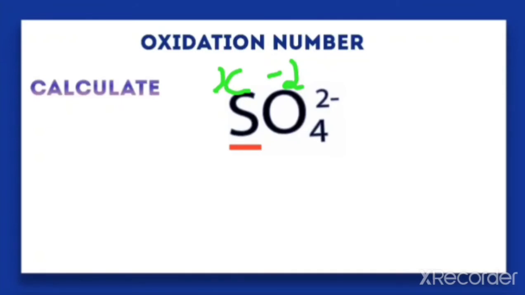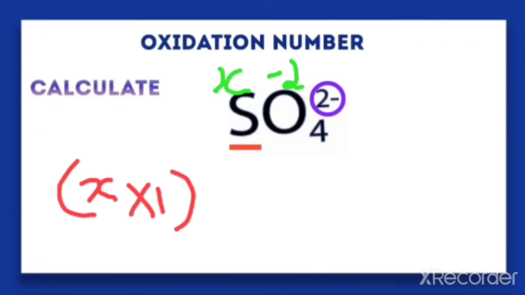Now how do we calculate the oxidation state here? The overall charge for this ion is given as -2, this is the overall charge of the sulfate ion. So in that case, how do we do this? First of all we take X. Only one sulfur is there, therefore X into 1 plus. Next, oxygen.